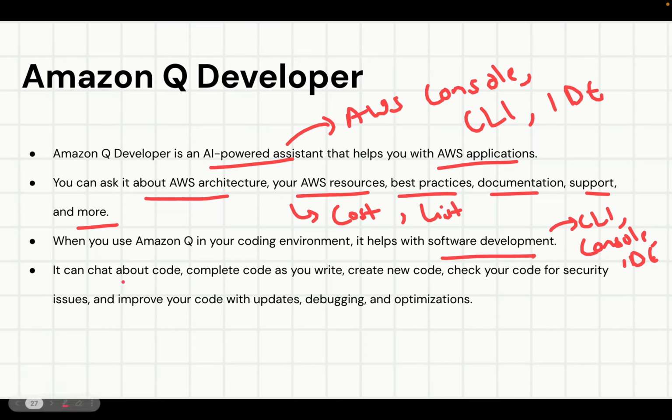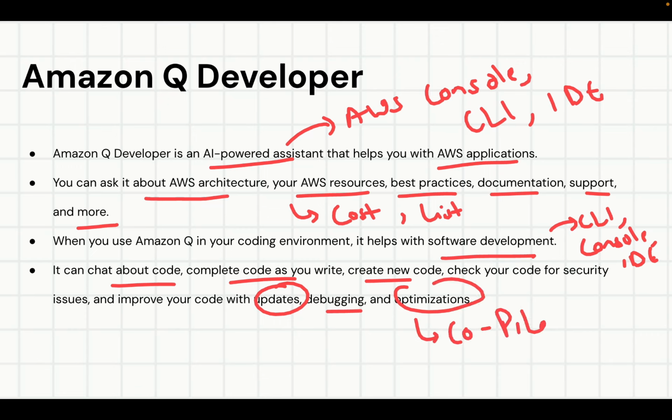It can chat about your code, complete your code, create new code, check your code for security issues, and improve the code with updates, debugging, and optimization. Overall, it is going to act as your co-pilot, and it has all the resources a co-pilot can offer, plus additional resources about the AWS console when working on the resources.